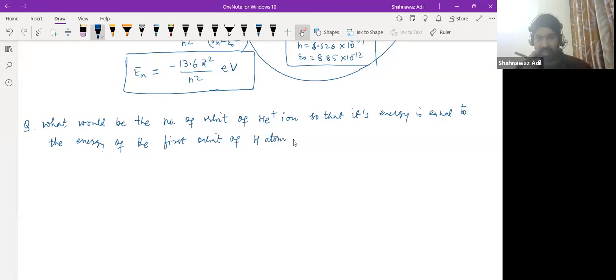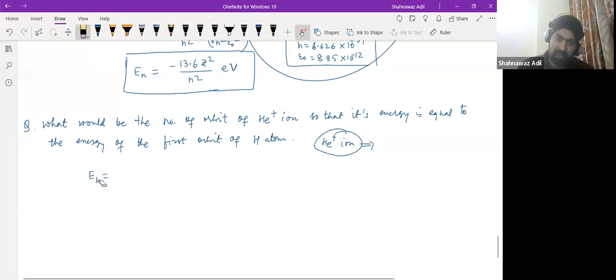Right, so what does this question tell? That you have this helium positive ion, right? This is a hydrogen-like atom, and its energy is equal to the energy of the first orbit of the hydrogen atom. So let's calculate what is given in this question.